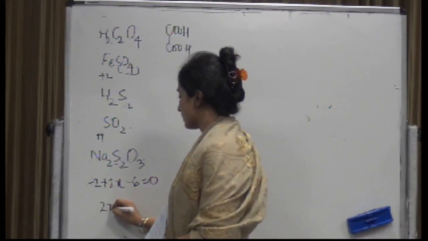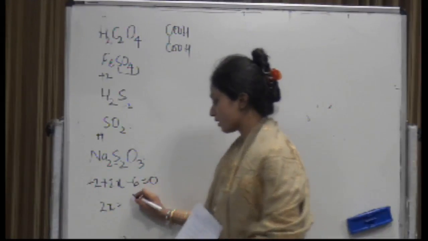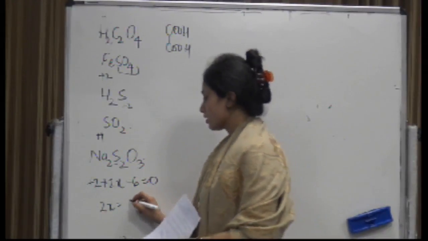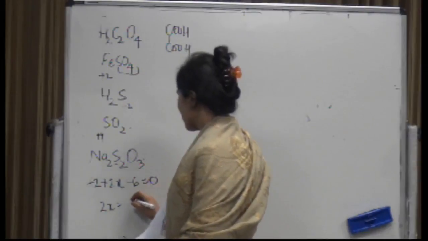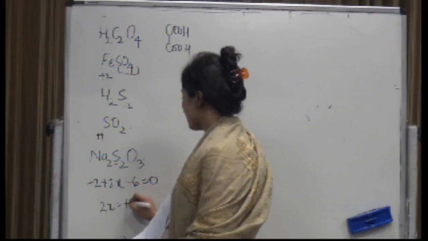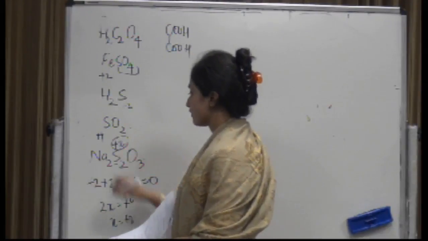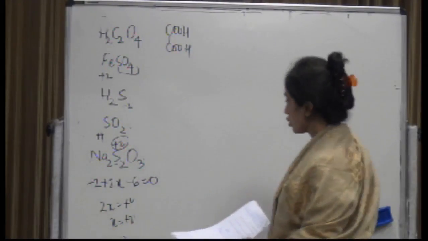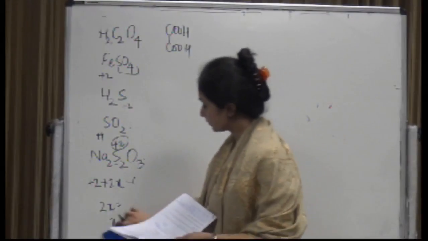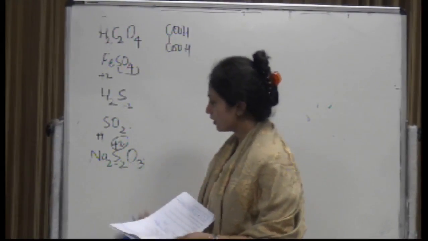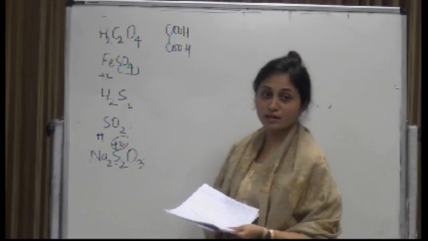So 2x will be equal to -6 plus 2, which is 4. So x is equal to +2. Sulfur is in +2 oxidation state. So this is known as a hypo solution. Na2S2O3 is also known as a hypo solution.